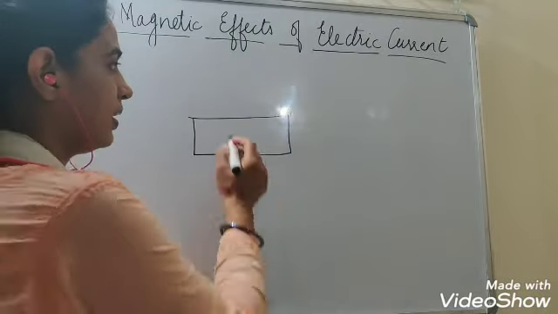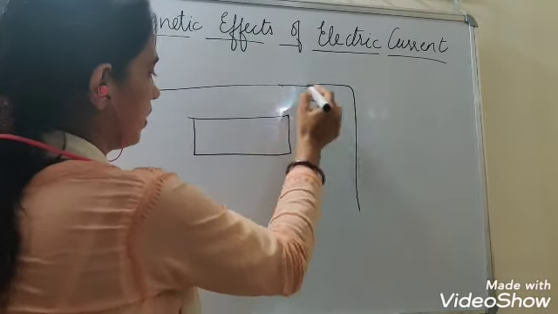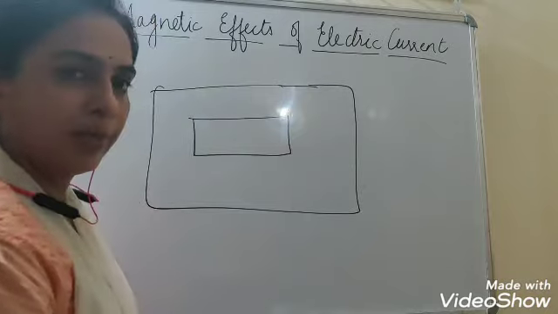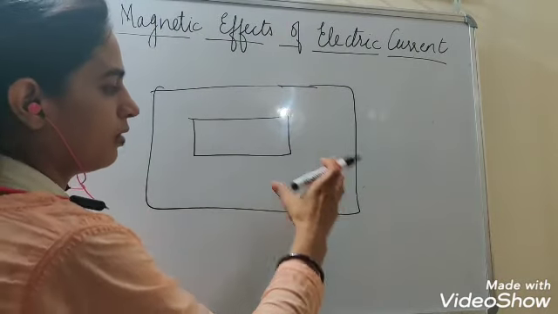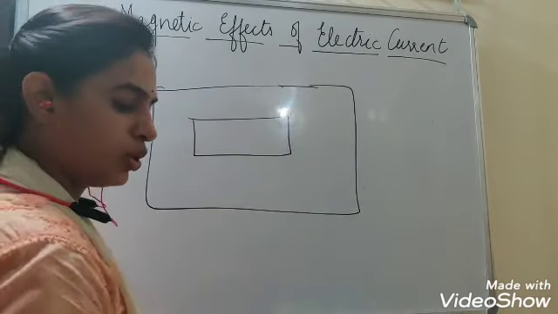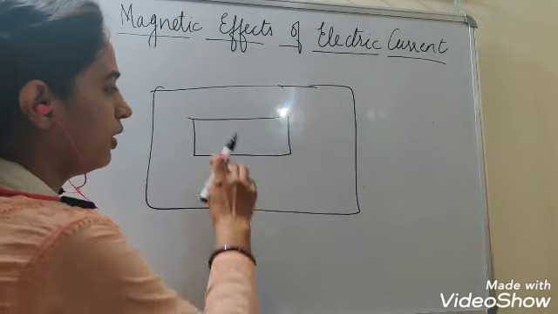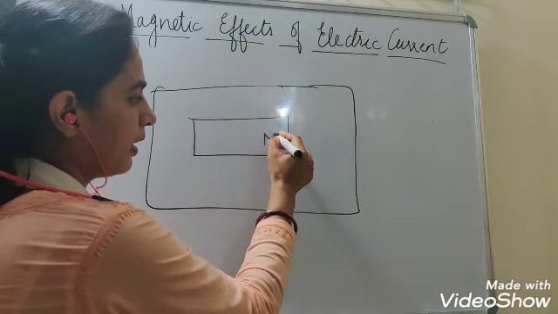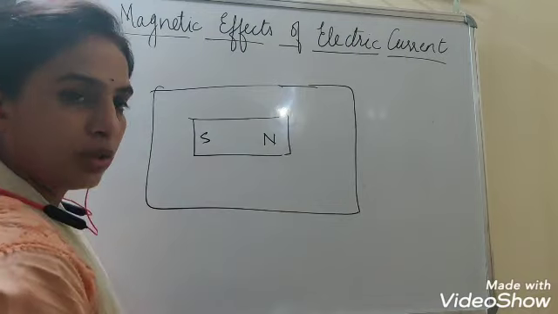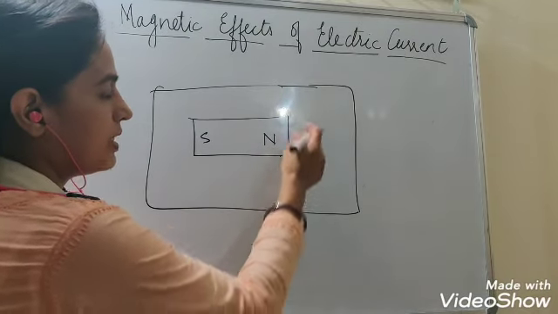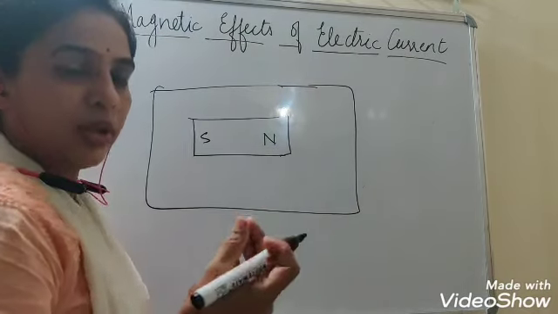So the activity is, take a page, a white paper, and fix it on a tabletop so that it doesn't move. Keep a bar magnet on top of it, and sprinkle some iron filings. What are iron filings?